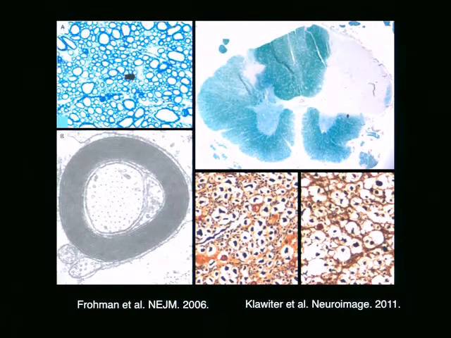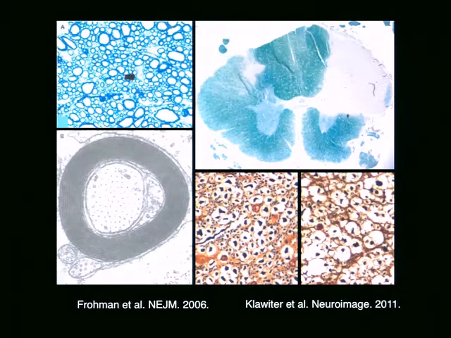So as I mentioned, MS is classically thought to represent a demyelinating disease, and this is the case. I show in the upper right-hand corner a cross-section of the spinal cord, and this comes from a pathology DTI correlation study that I did during my fellowship at Washington University, where we correlated things like demyelination and axonal loss with DTI measures.